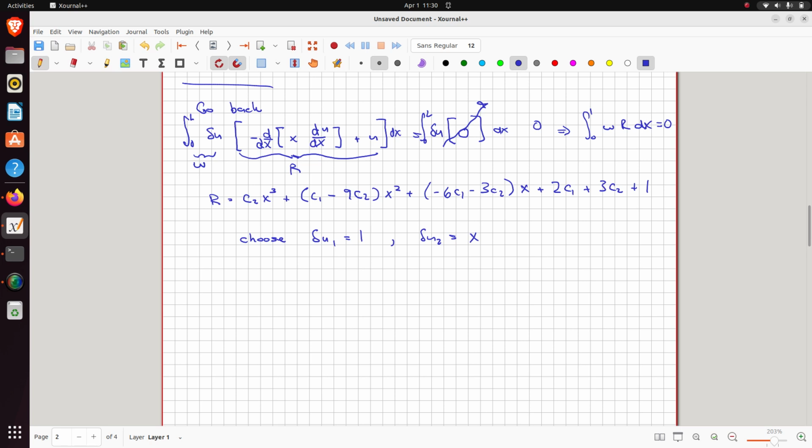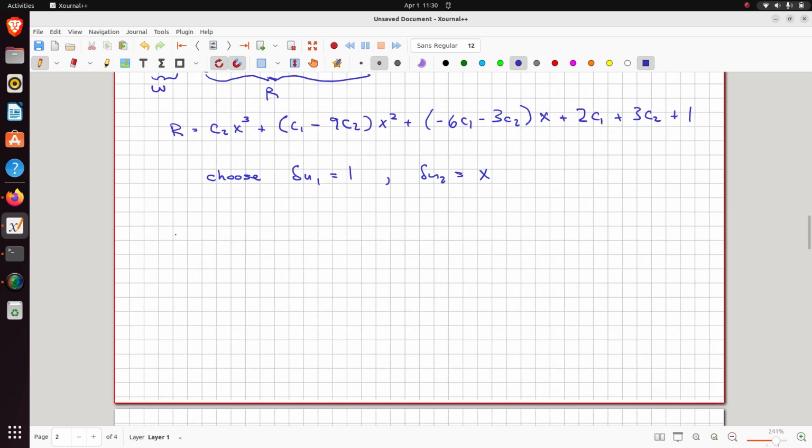All right, so now I've chosen two weights, and I'm just going to plug those into our equation, right? So I'm going to write 0 equals the integral from 0 to 1, the first weight, 1, times the residual r. I'm not going to rewrite it here. Okay? And now I'm going to perform the integration, in this case just integrate the residual from 0 to 1. Okay? And I'm just going to write the answer down.